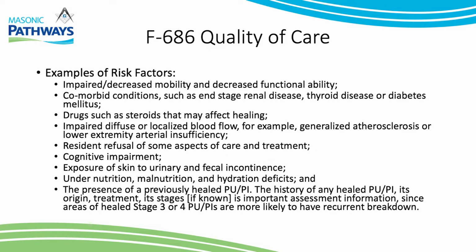Resident refusal of some aspects of care and treatment, cognitive impairment, exposure of skin to urinary and fecal incontinence, undernutrition, malnutrition, and hydration deficits. And the presence of a previously healed pressure ulcer or injury. The history of any healed pressure ulcer or injury, its origin, treatment, its stages if known, is important assessment information, since areas of a healed stage 3 or 4 are more likely to have recurrent breakdown.